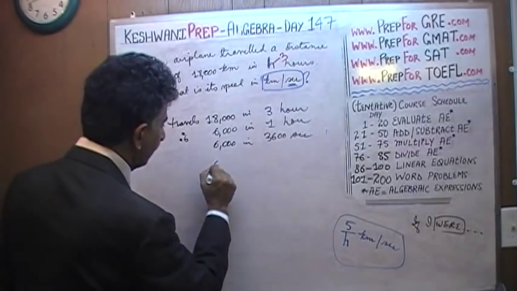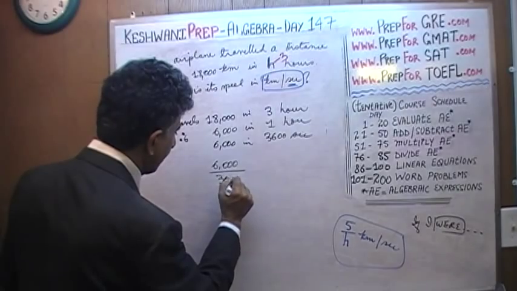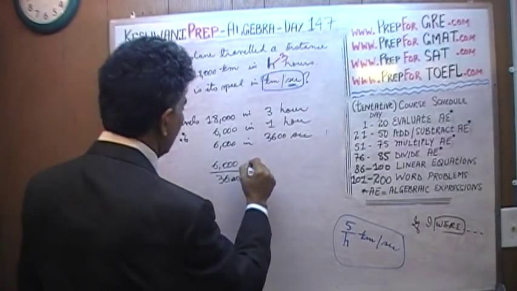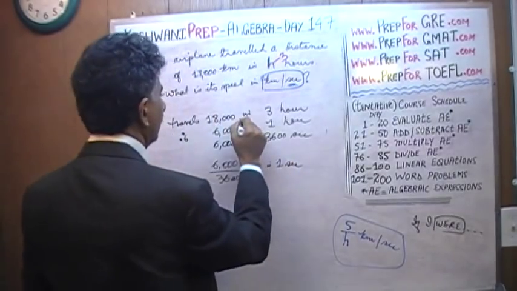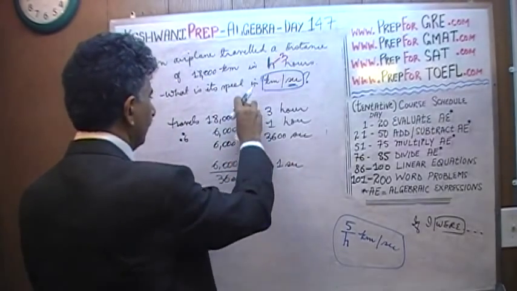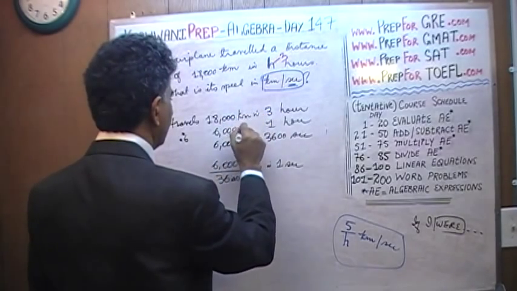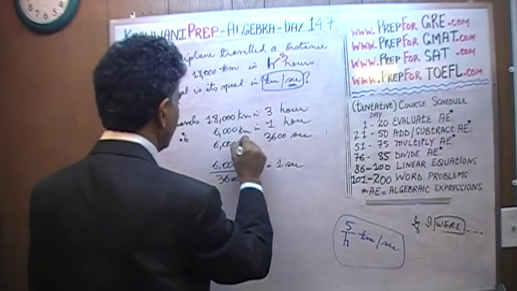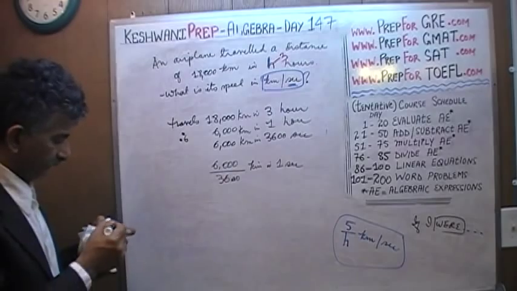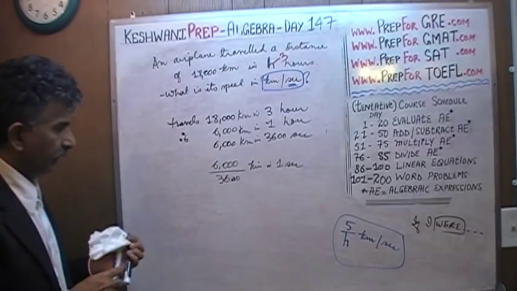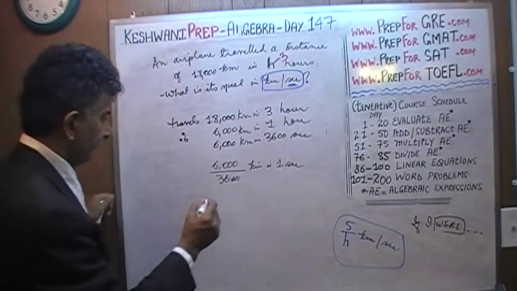Therefore, it's going to travel 6,000 over 3,600 kilometers in 1 second. What is missing here is kilometers. So that's the answer.